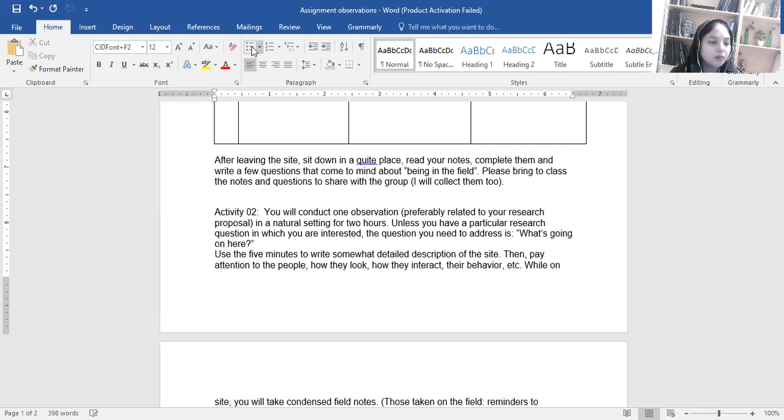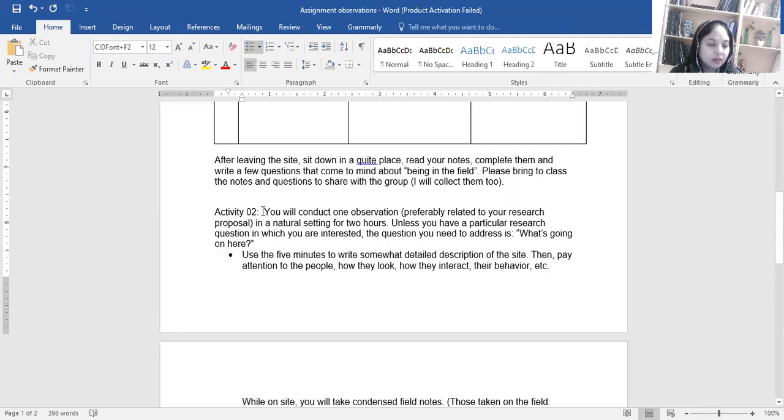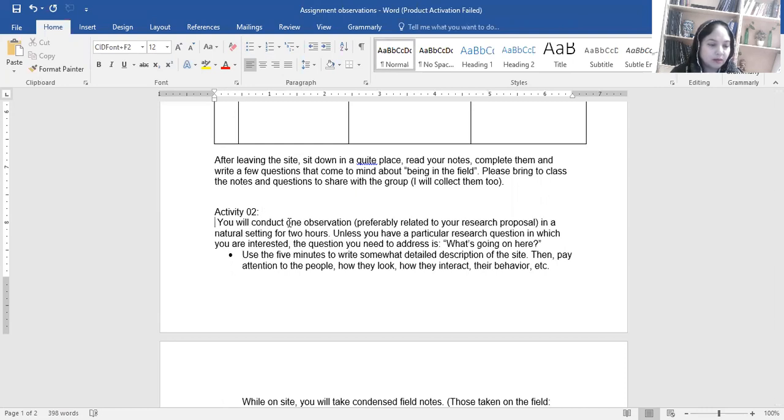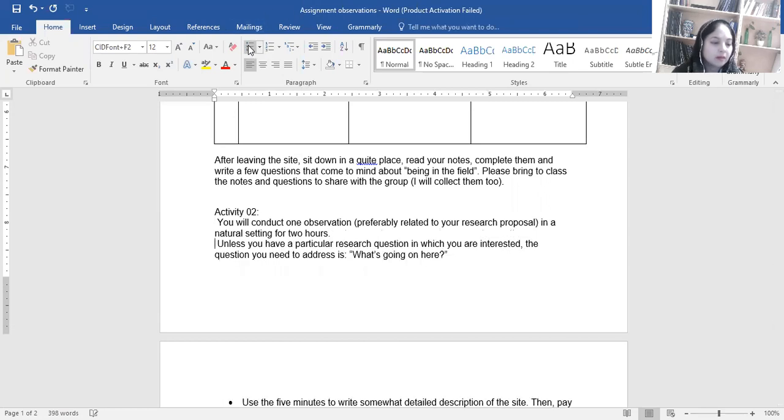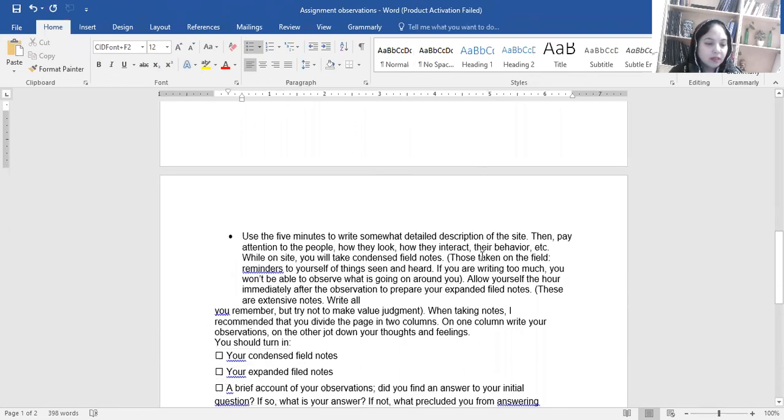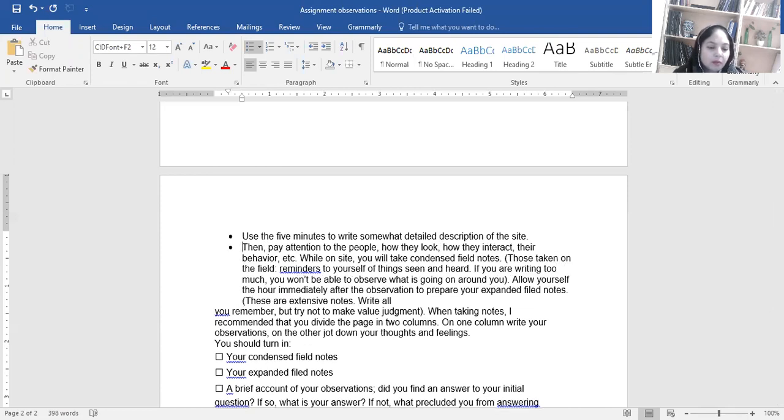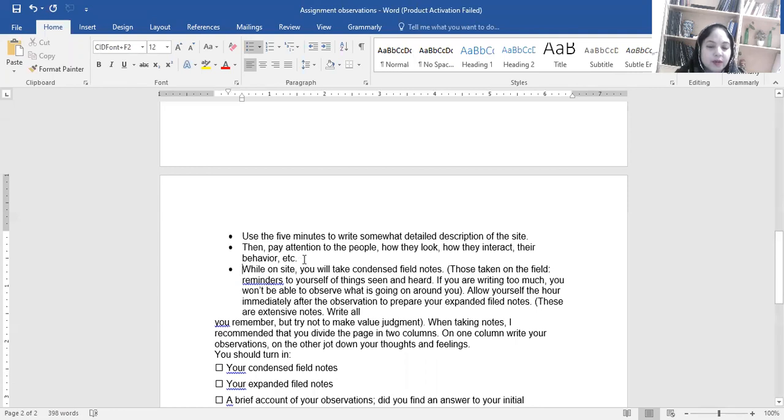Use the 5 minutes to... ठीक है जी। देन आपने डिस्क्रिप्शन देना है, देन पे अटेंशन टू द पीपल, कैसे लग रहे हैं, कैसे इंटरेक्ट कर रहे हैं, उनका बिहेवियर क्या है, while on, और ये this your research questions which we have already designed in my class, and most of you have already discussed.